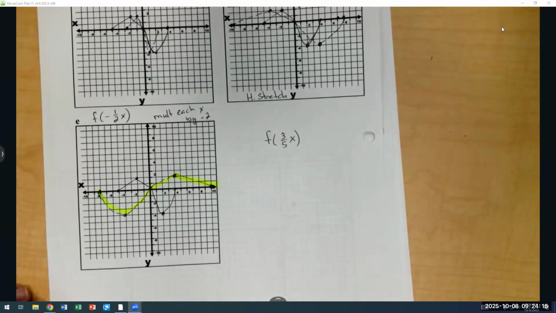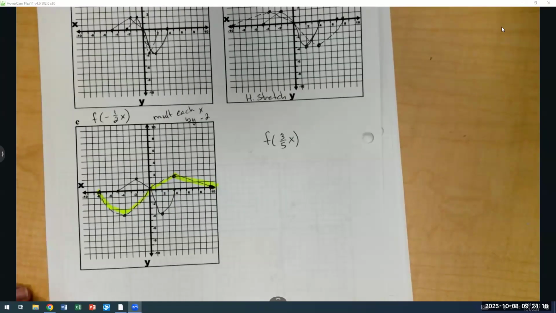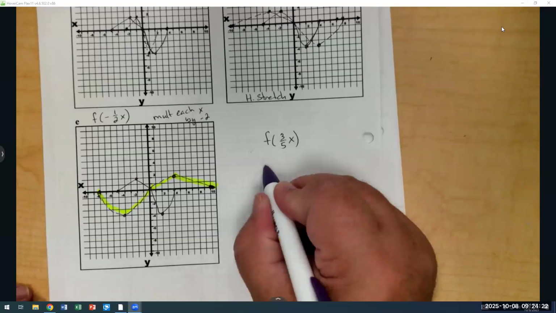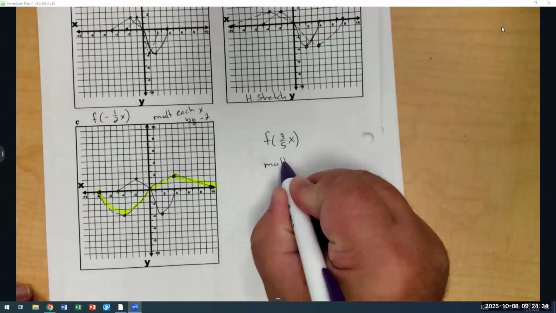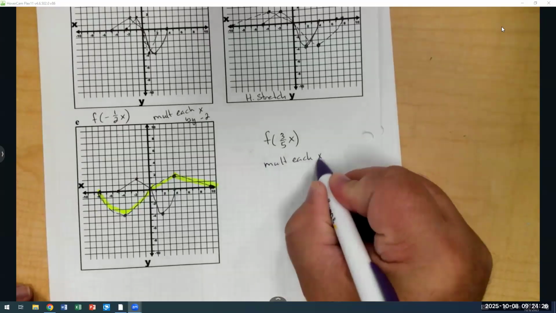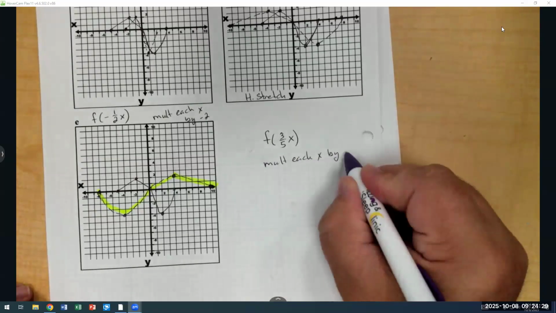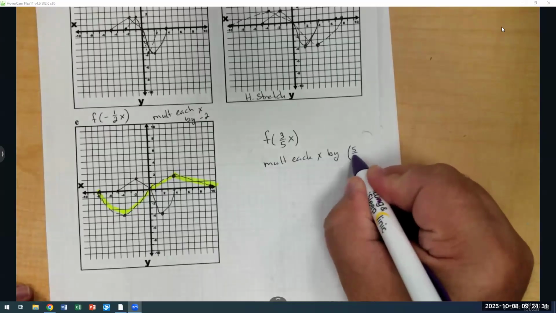What would you multiply each x with? Multiply each x by 5/3.